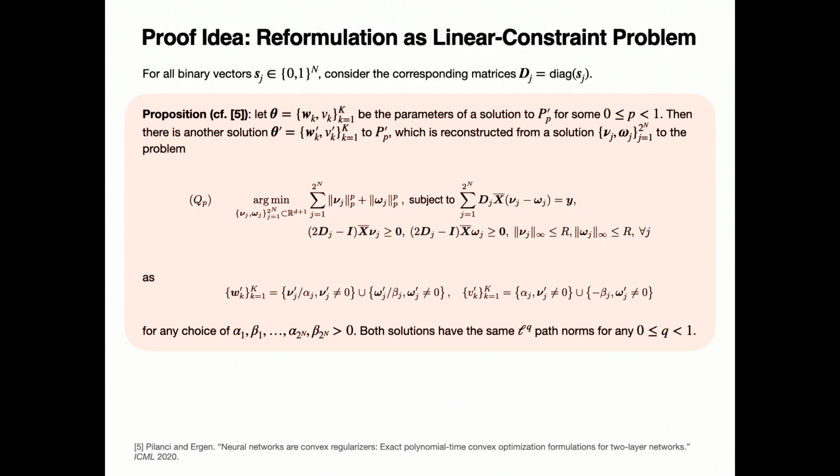And that linear constraint set is determined by looking at all the different ways that any set of ReLU neurons could subdivide the data and be active on some data points and not active on all other data points. And there's only finitely many ways that can happen. So here we use a very similar type of reformulation, but now it turns into a minimization of a concave function because the LP norm for p less than 1 is concave over this very large but linear convex constraint set.